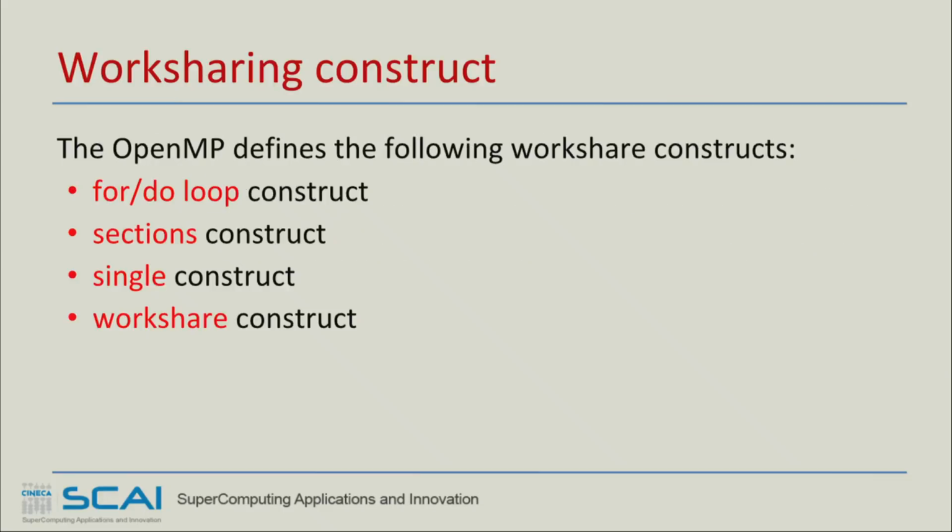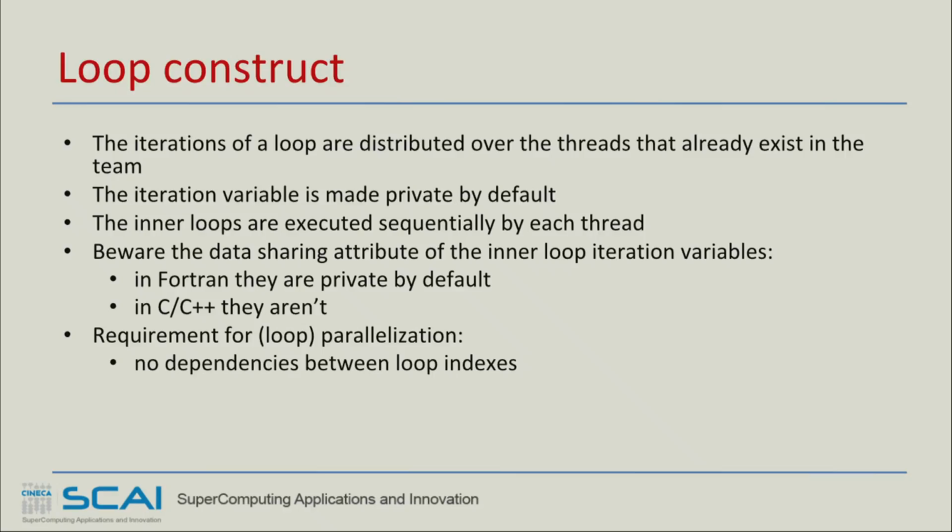What are the work sharing constructs? One is for the for do loops, one is for the sections, one is for the single, and another one is called the work share construct. Now we will focus much more on the first one, but for your knowledge, there are also some others.